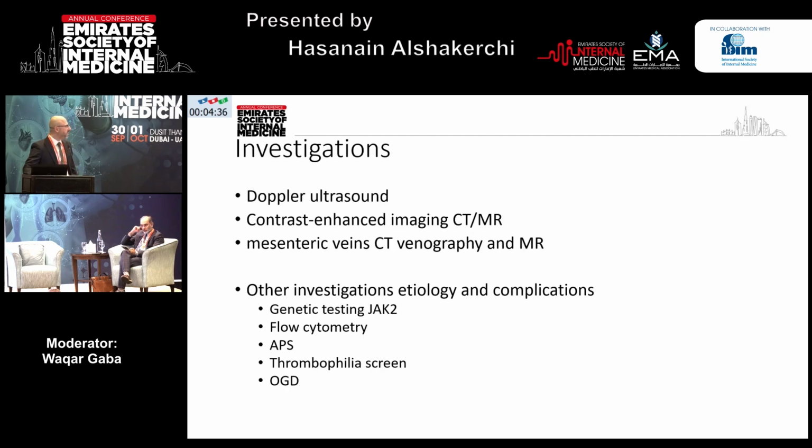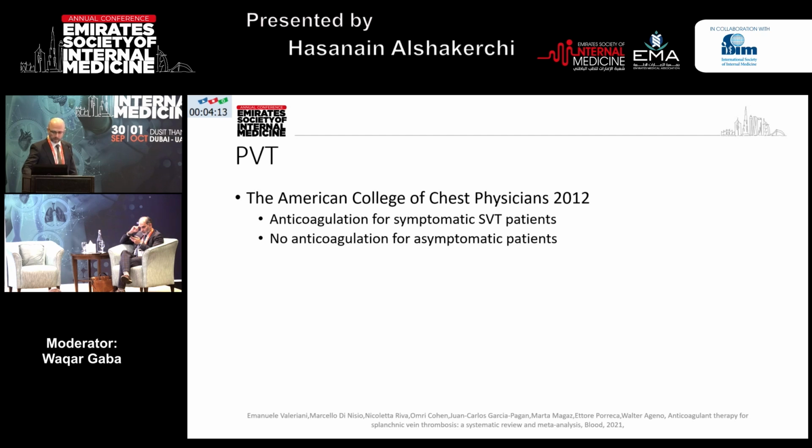Investigations: the standard would be Doppler ultrasound, but depending on what you are suspecting, it might be CT or MR. Other investigations depend on the etiology: JAK2, flow cytometry if you're suspecting PNH, antiphospholipids, thrombophilia screen, and OGD, which a lot of them will require if there is a suspicion of portal hypertension.